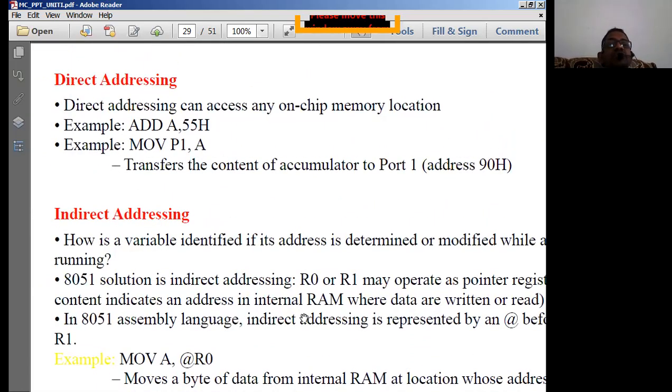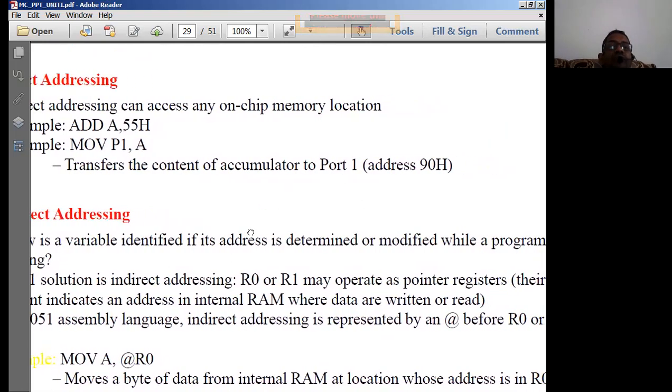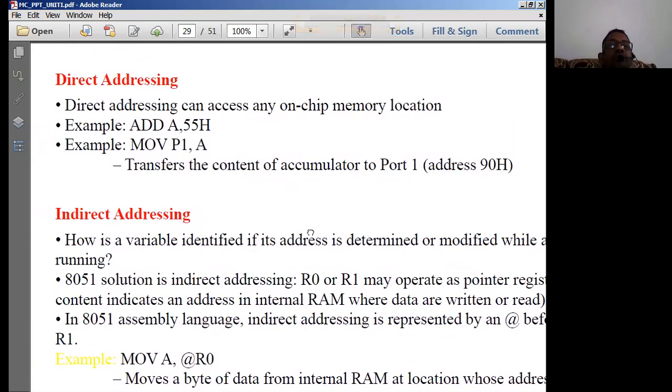The next addressing mode is the direct addressing mode. In direct addressing mode, we directly mention the address of the on-chip memory location.